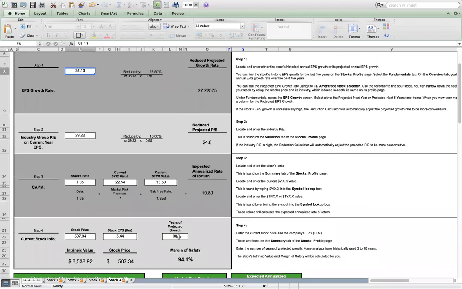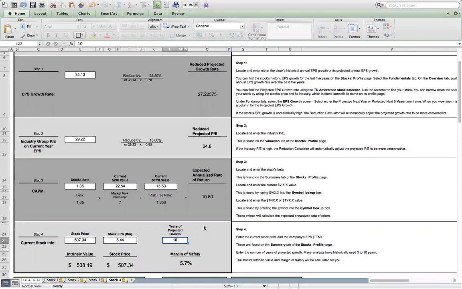And that's over 30 years right there. Let me go back to 10. Okay, so the intrinsic value is still close, with a 5.7% margin of safety.